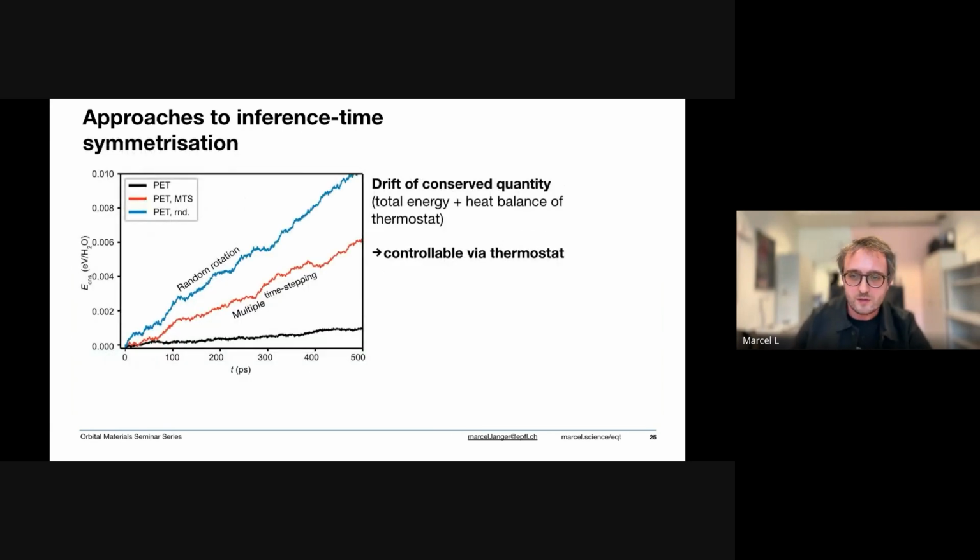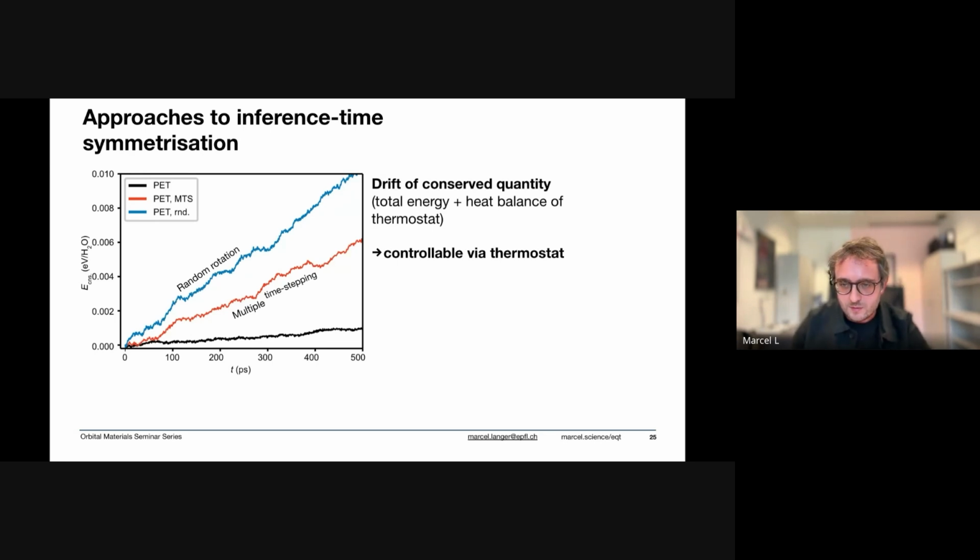So they make your forces non-conservative, and that means that there is a drift in the total energy of the system. Here we have half a nanosecond of, I think, bulk MD. And we see on the y-axis the accumulated drift in the total energy, so that's the total energy plus the energy that gets dumped into the thermostat.